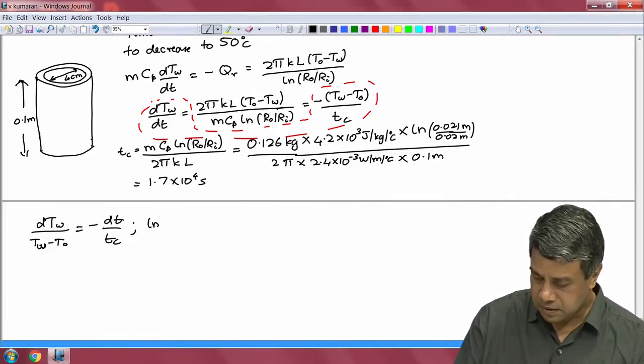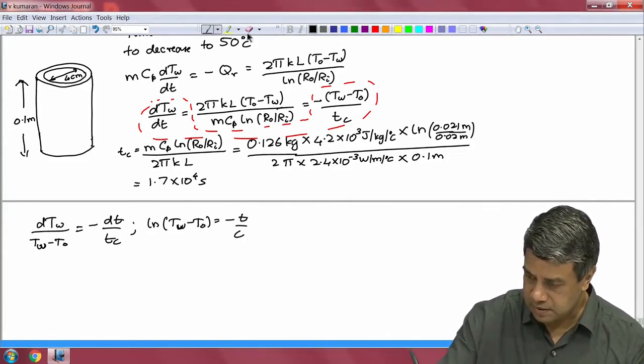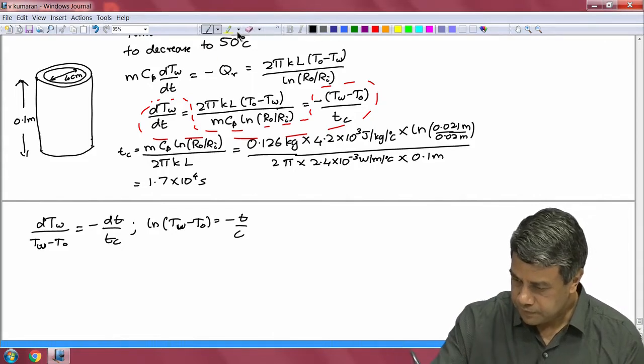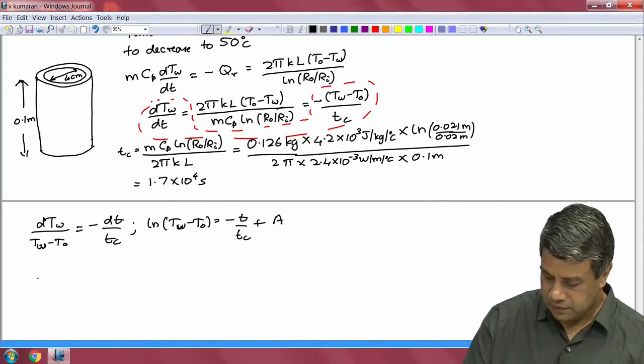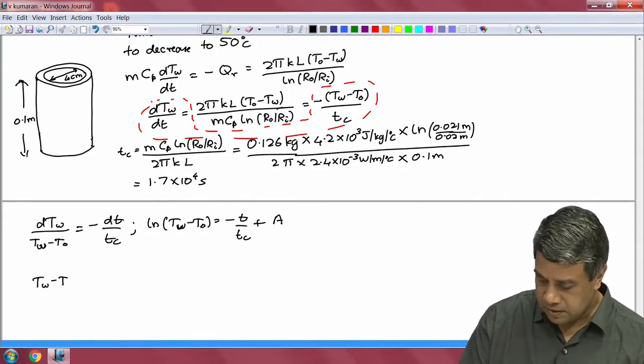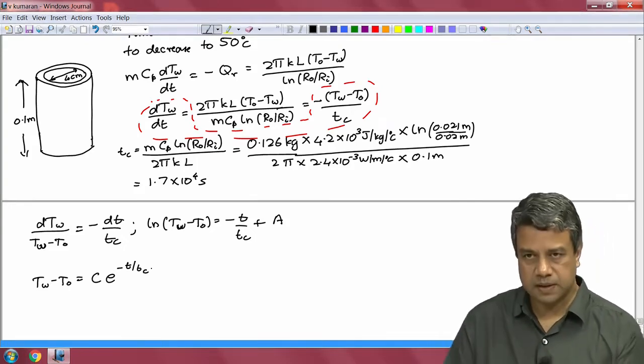The natural logarithm of Tw minus T naught is equal to minus t by Tc plus a constant. Therefore, Tw minus T naught is equal to some constant C into e power minus t by Tc.